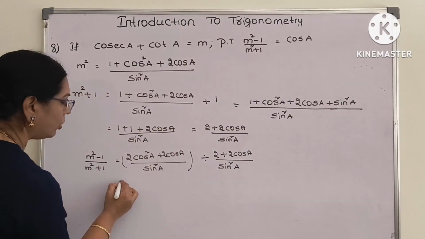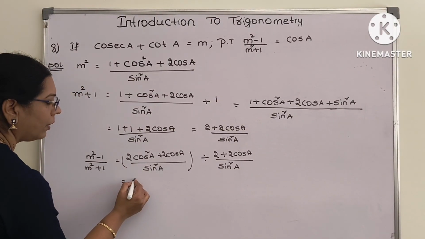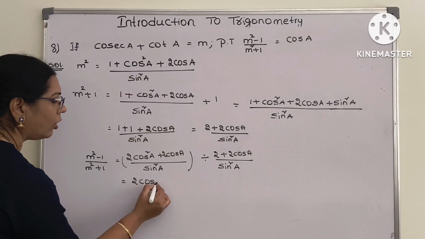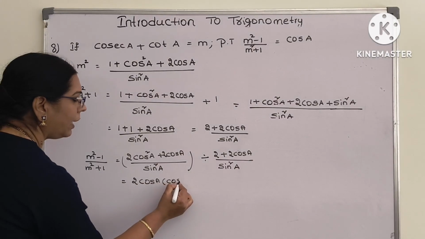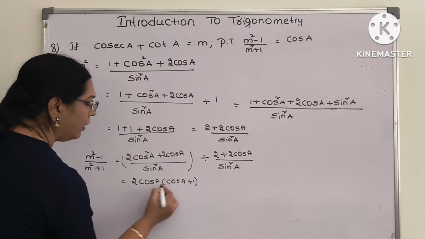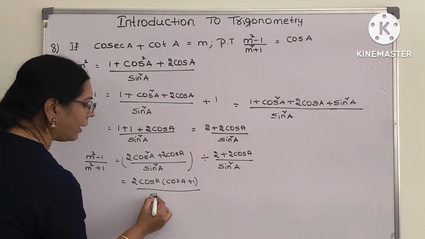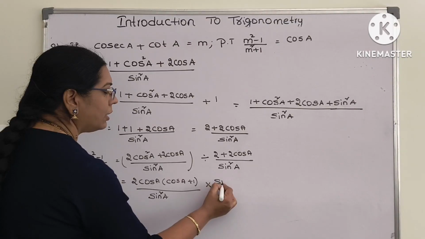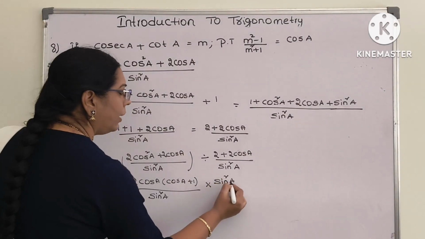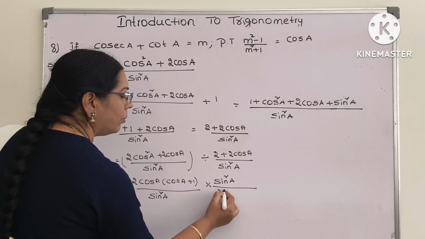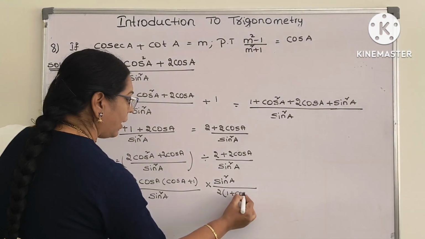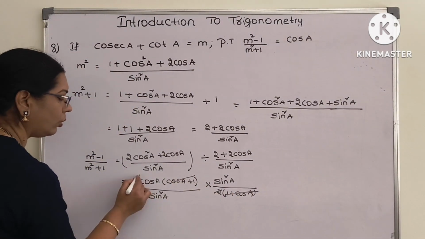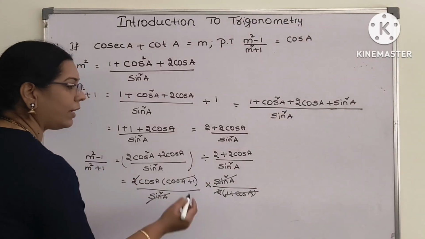So what is common? 2 cos A is common. So take 2 cos A common. I will be left with cos A plus 1, divided by sin square A. And then division will become multiplication: sin square A by, take 2 common, it will become 1 plus cos A. So I have 1 plus cos A common, 2 common, sin square A common.